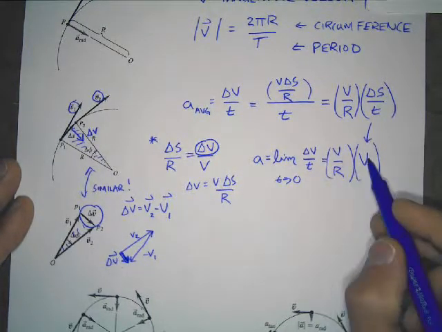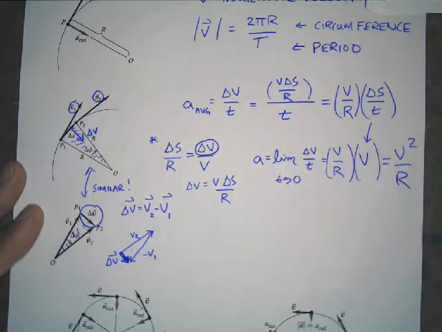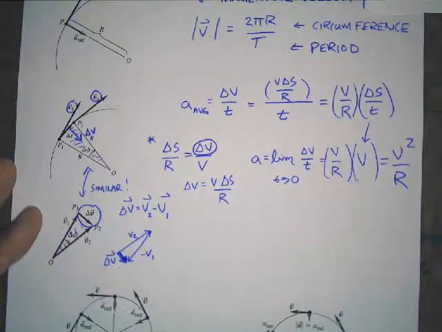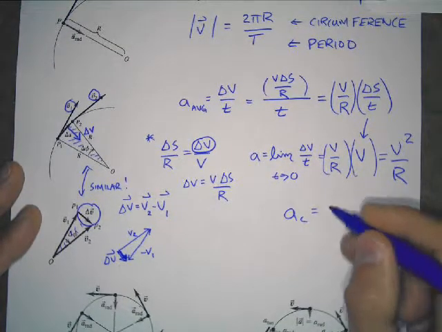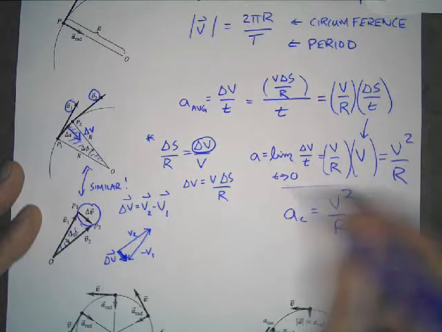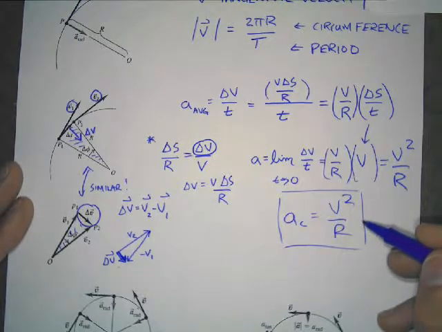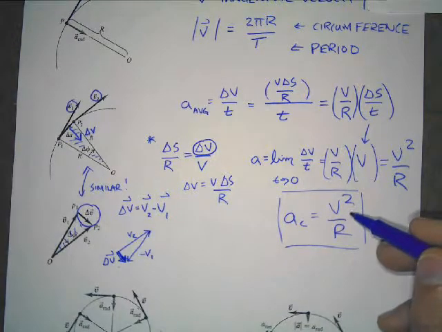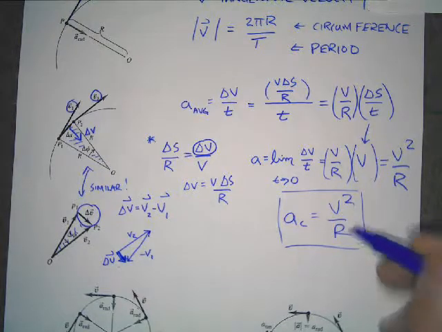So what we end up with is V times V divided by R. That's V squared over R. Okay. And that's the famous formula for centripetal acceleration that I was talking about at the beginning. It actually has a number value. So if you know how fast an object is moving, what its tangential speed is, you can square it and divide by the radius.